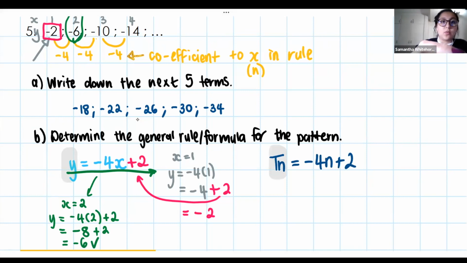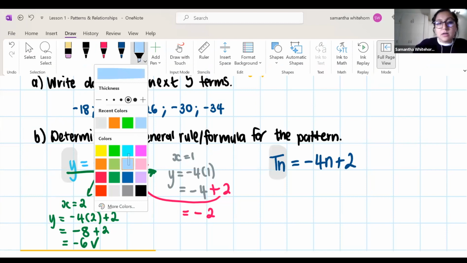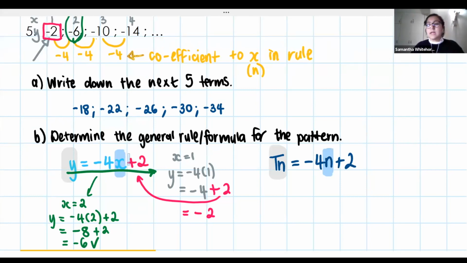So if you can work out y and x, you can work out t and n. And then n directly translates to x. So if you know what it is in terms of x and y, you know what it is in terms of t and n. So guys, when you're finding this general rule, just think about what your pattern is. What are you adding or subtracting each time? That is where you start. You can then build from there your actual rule that you need to work with.